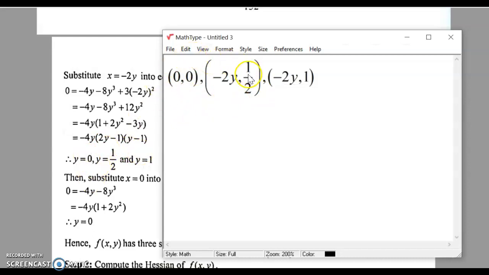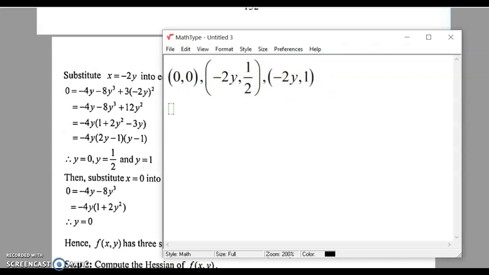So now, this is still not the coordinate, we'll need to substitute them accordingly. For example, to obtain x, we need to substitute y equal to 1/2 into this y, and y equal to 1 into this y.